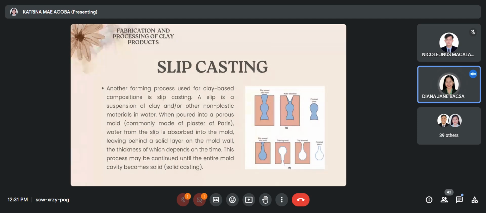So, ang ibang example po ng slip casting is yung mga decorative items po, tulad po ng mga sculptures, ornaments, and sa technical ceramics po is yung mga electrical insulators, laboratory equipment, and refractory materials. So, next po.